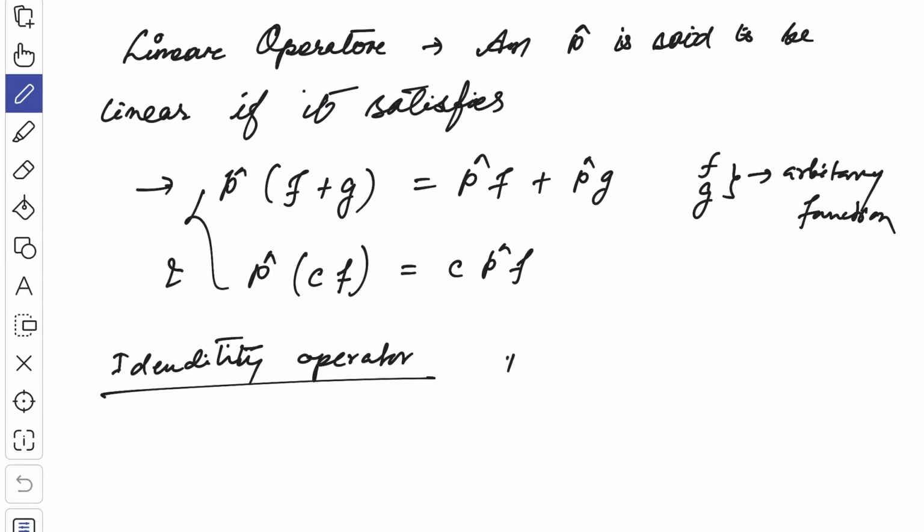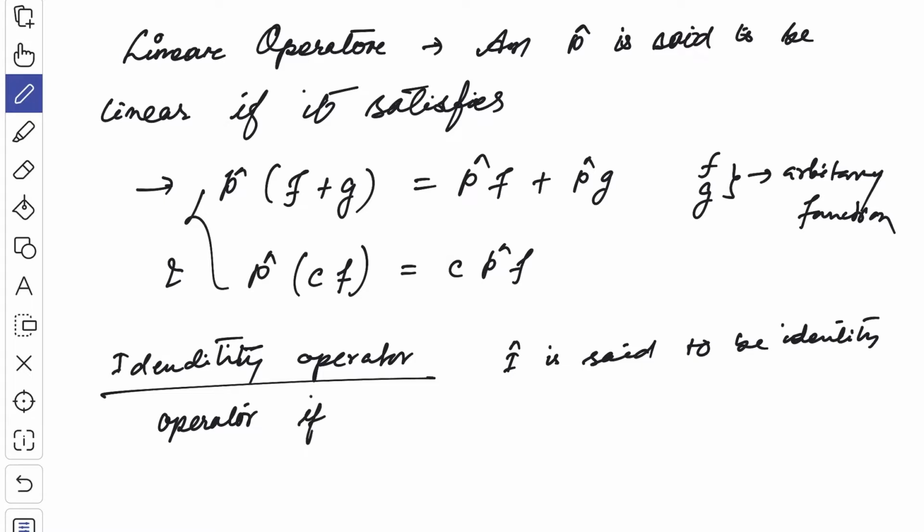An operator, suppose I cap, is said to be an identity operator if this I cap operates on a function, let me take that function as psi, and it gives again psi. So hope you have understood that.